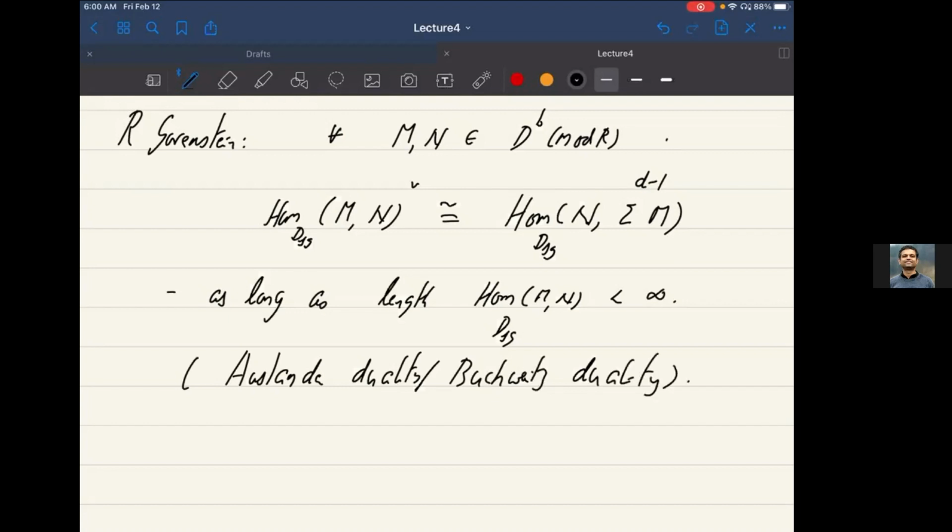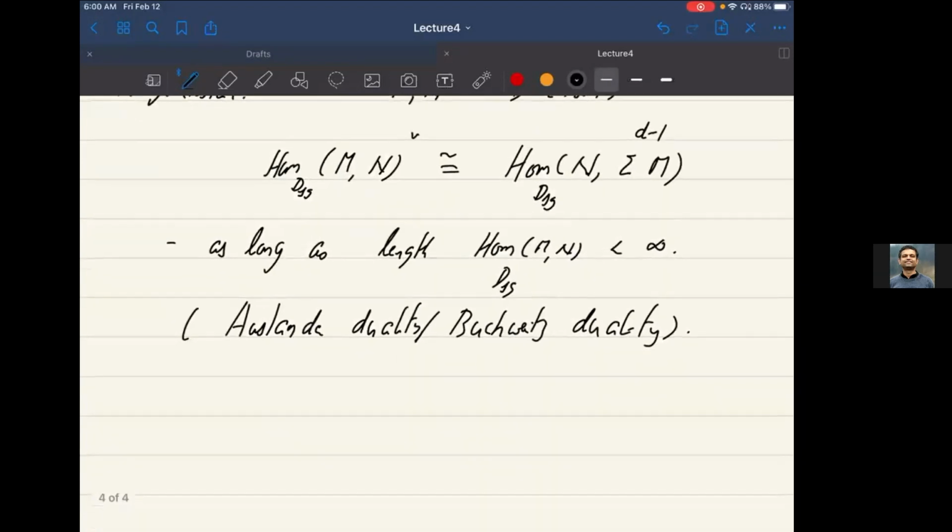And as with all duality statements, the crucial thing is that there is a pairing. So you can express it as a pairing, if I can get this right. If you look at M to N, it is saying that some pairing is non-degenerate.